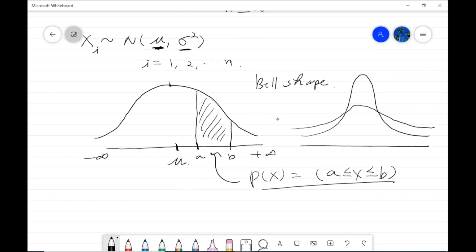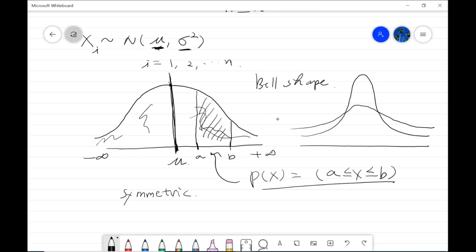This is the way you specify a particular probability on an interval of the normal distribution. Another special nature of the normal distribution is that it is so-called symmetric. If you draw a line across the mean, the entire left side and the right side are exactly the same.